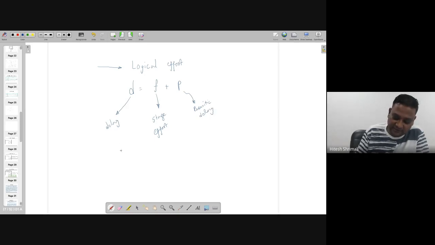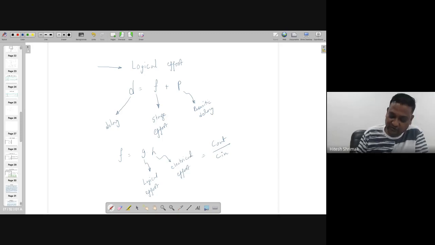Where F is nothing but G times H, where G is the logical effort and H is the electrical effort, which is equal to C out by C in, where C out is the output capacitance of the circuit with respect to the input capacitance of the circuit.